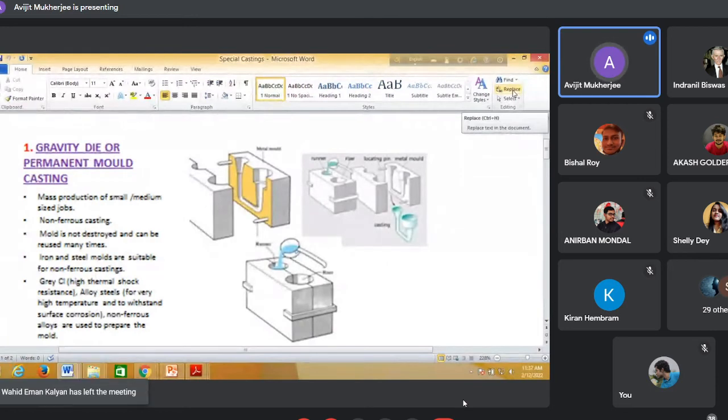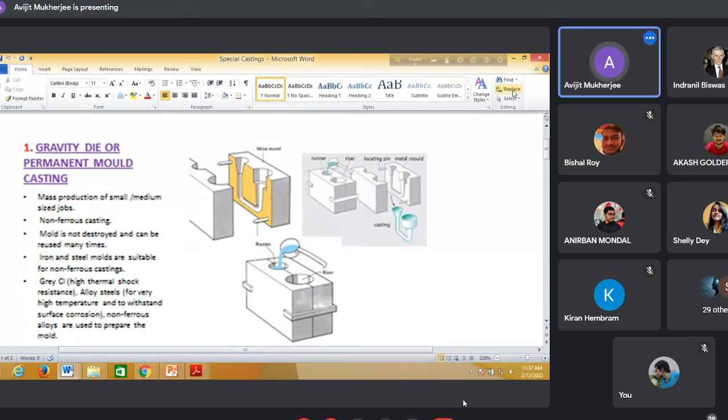Up till now, what we had discussed is basically applicable for fewer parts, but for say mass production, is it feasible to prepare the mold time and again using green sand, break the thing and again reproduce?